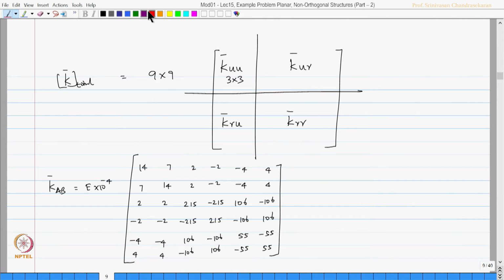The labels will be 7, 1, 9, 2, 8, 3, 7, 1, 9, 2, 8, 3. This for k AB.